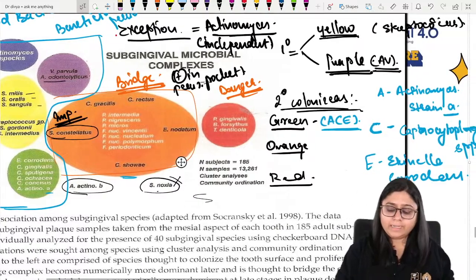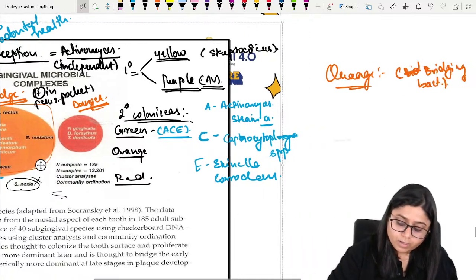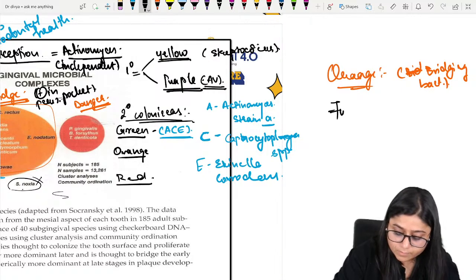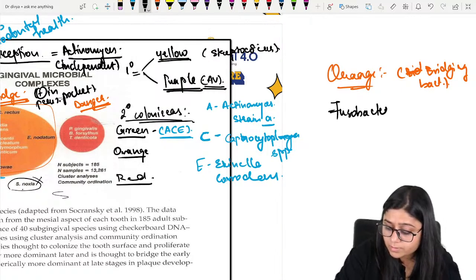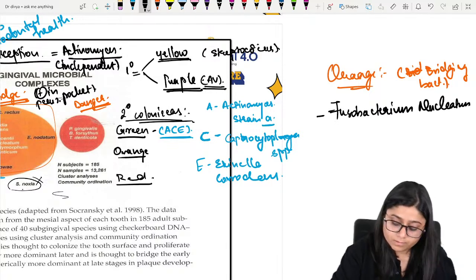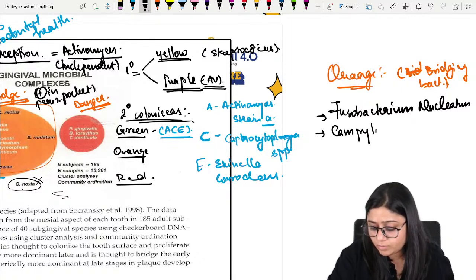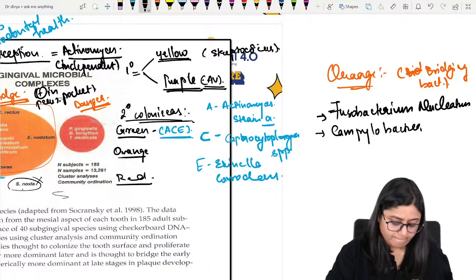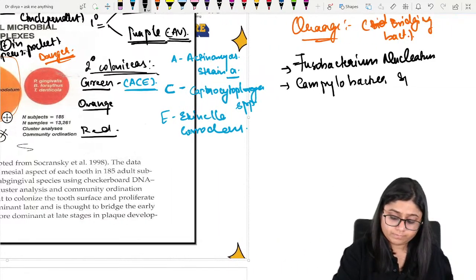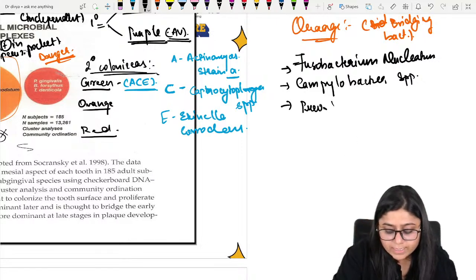Okay, so this bridging bacteria, the orange complex, consists of Fusobacterium nucleatum, then Campylobacter species, and another important bacteria is Prevotella intermedia.